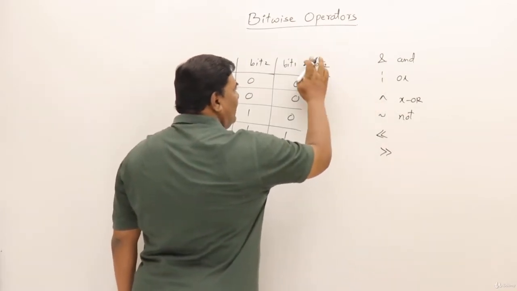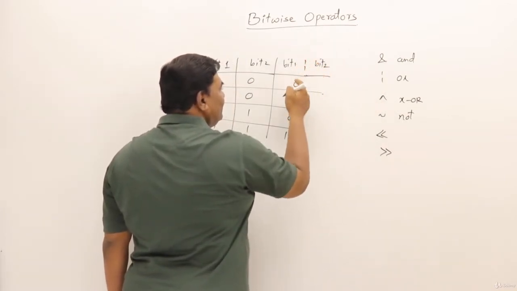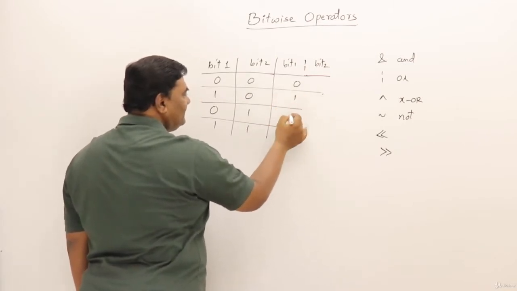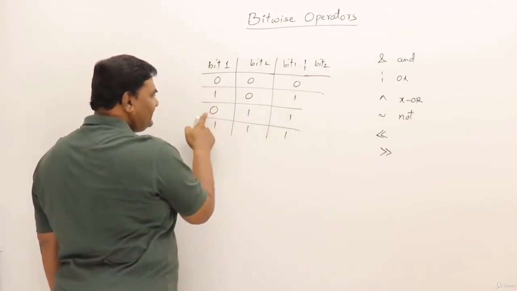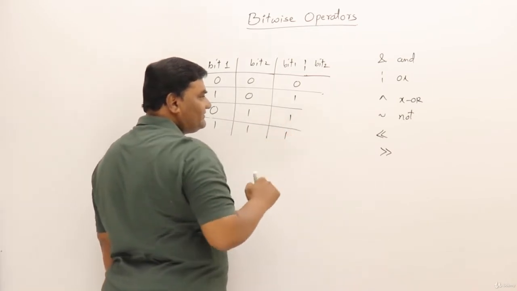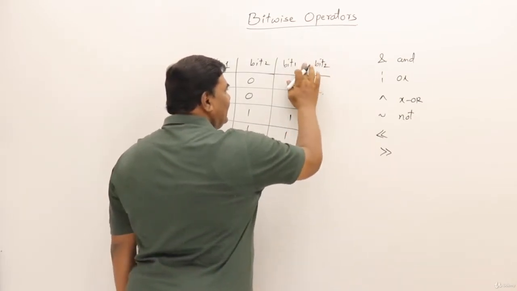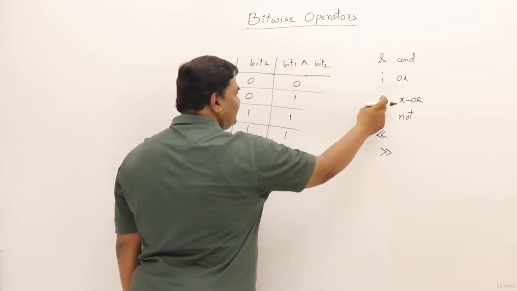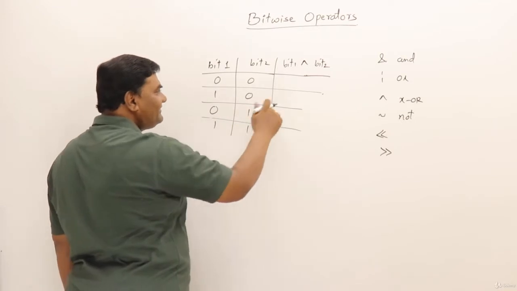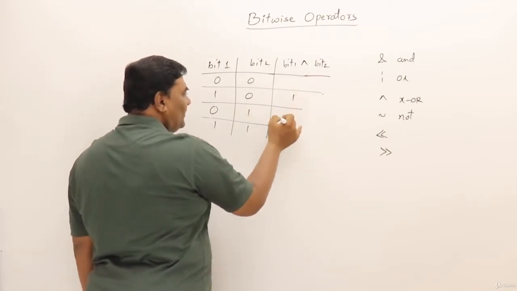Then if I say OR, this will be 1 if any one of the bits is 1. See, this is 1, so the answer is 1. Out of these two bits, this is 1, so the answer is 1. Or both are 1, so the answer is 1. Then if it is XOR, if both the bits are different, then only it will be 1.